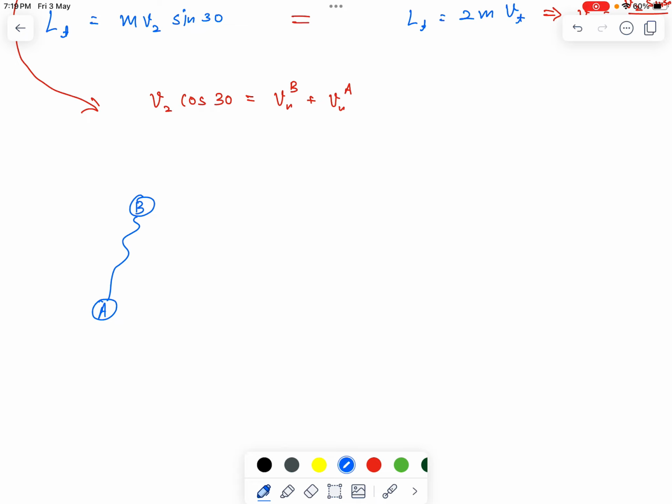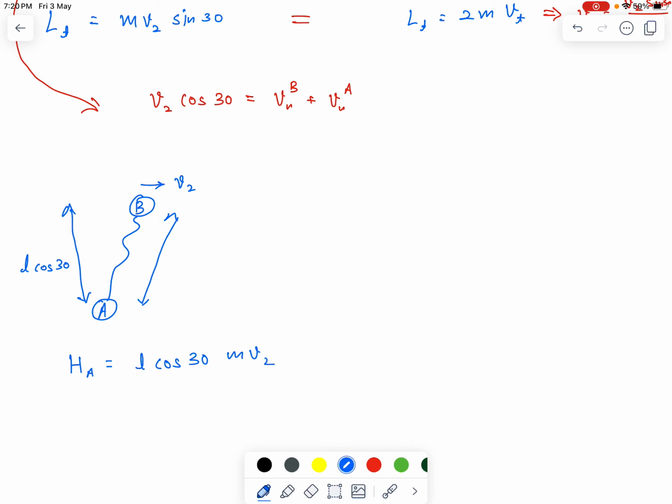A and B. This is going with V2 and this is L. This distance is L cos 30. So angular momentum H about A would become L cos 30 times mv2.